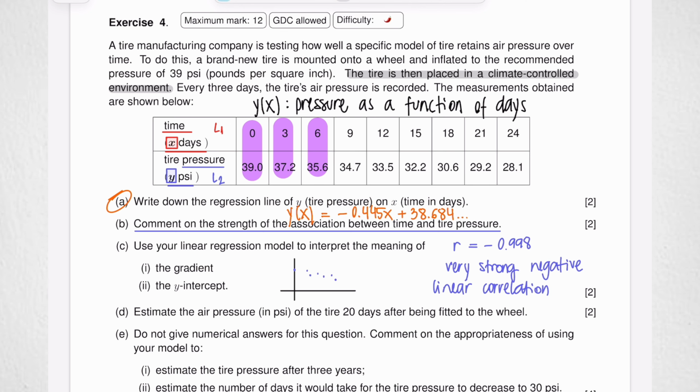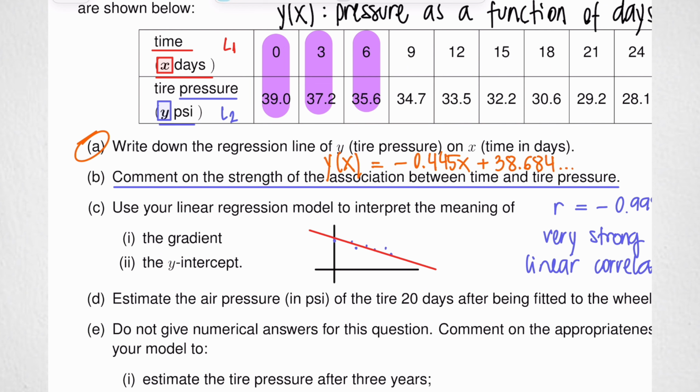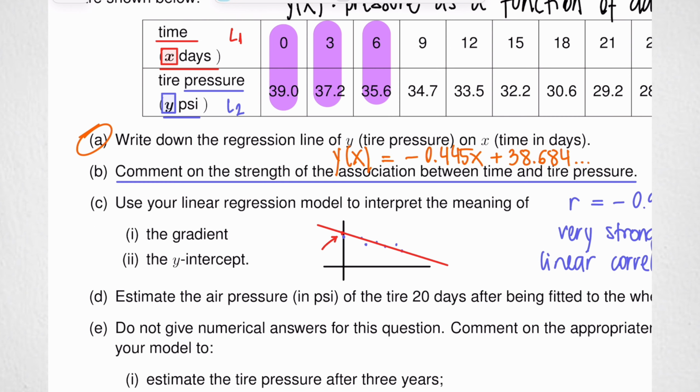And this is, by the way, just a rough sketch. And we have our linear regression. Now, the y-intercept means the initial tire pressure, which is y of 0, which in our case, for this linear regression, is approximately 38.7. This is an approximation of the tire pressure on the instant it was inflated. The tire was inflated.